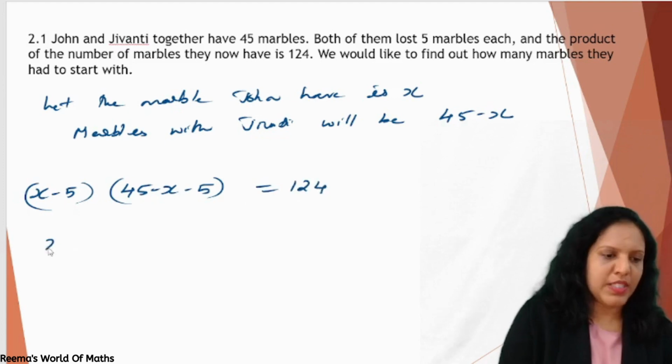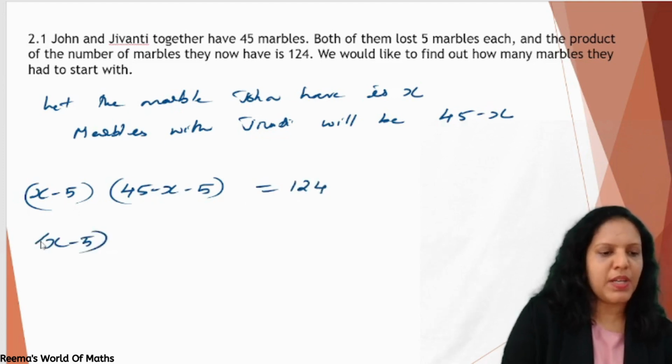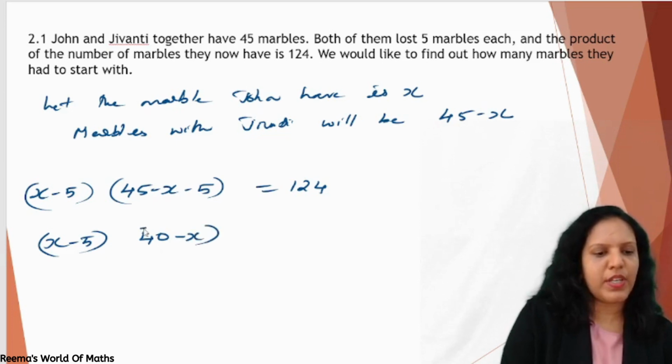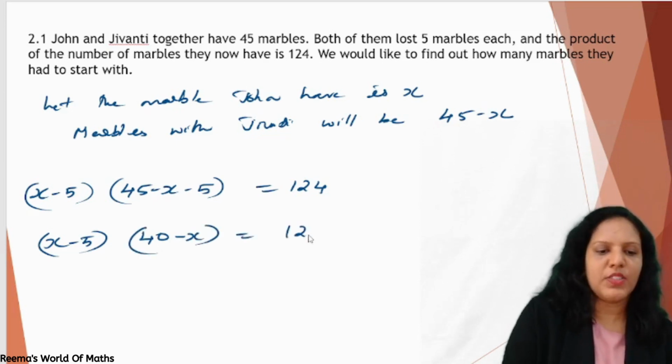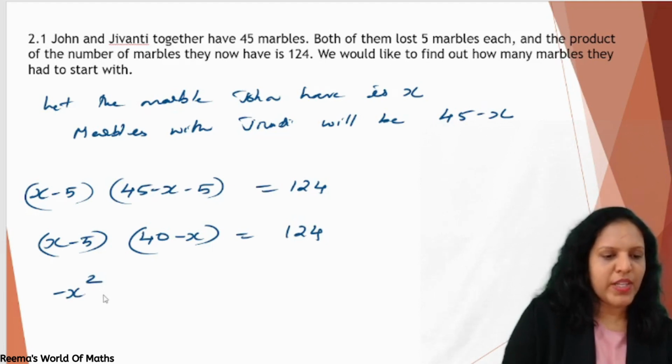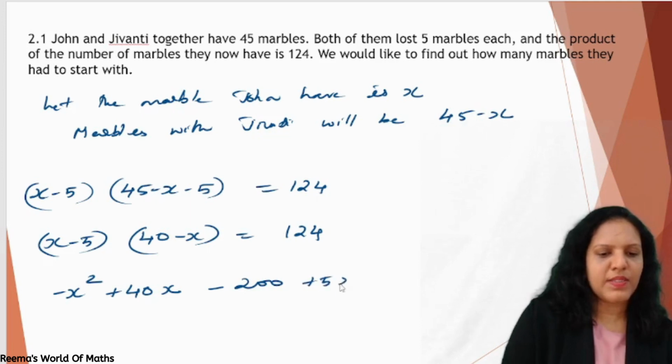Now we can simplify this. That is X minus 5 multiplied by 45 minus 5, so that is 40 minus X, equals 124. So that will be minus X squared plus 40X minus 200 plus 5X equals 124.